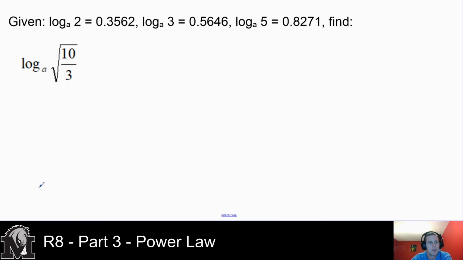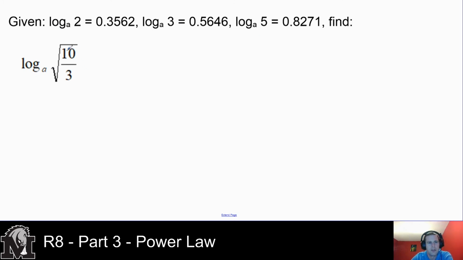So given log base a of 2 is equal to 0.3562, log base a of 3 is equal to 0.5646, and log base a of 5 is 0.8271, find log base a of the square root of 10 over 3. So this is probably the most difficult question we're doing in this video. And the reason is that we kind of have to expand what's going on here into things that are either log base a of 2, 3, or 5.